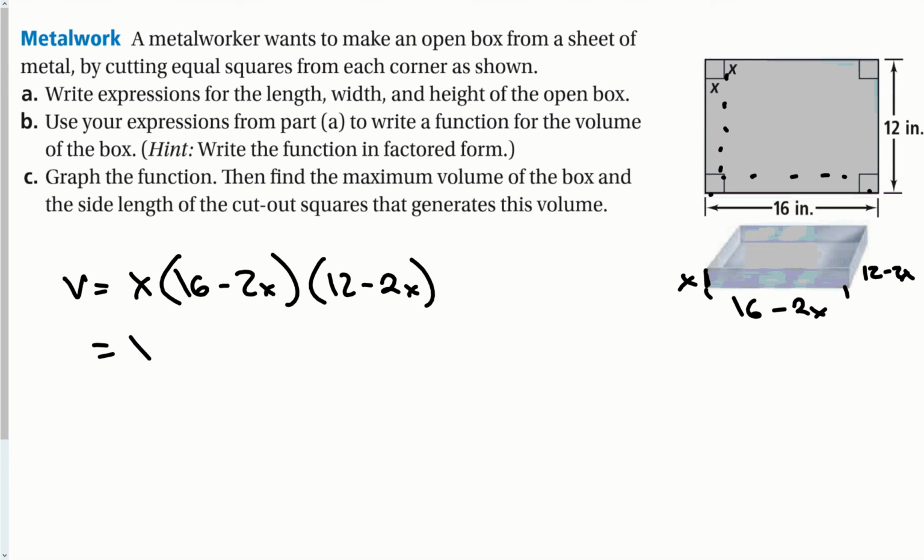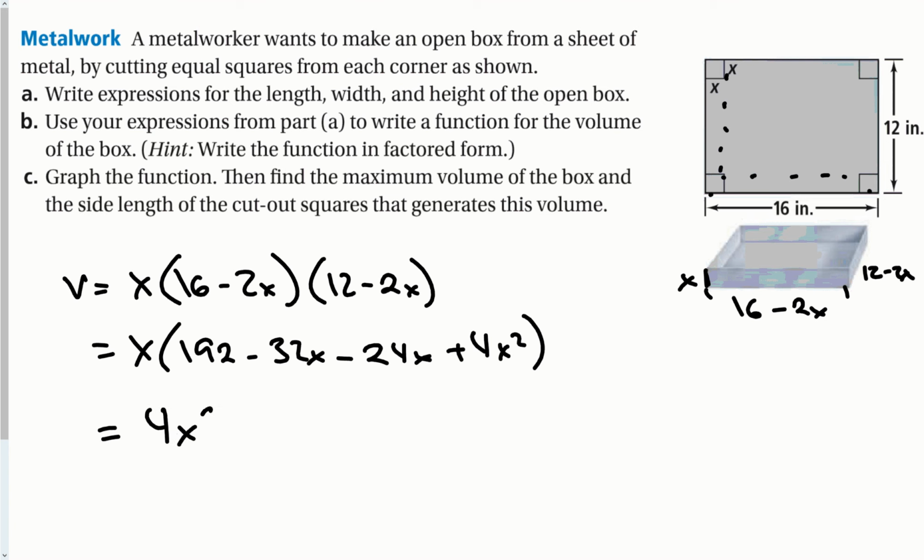Okay, so again, I'm going to have to distribute this. So we get x times 192 minus 32x minus 24x. I'm just distributing this, foiling it together, 4x squared. I'm going to rearrange these and distribute the x to give me 4x to the third, this one times this one.